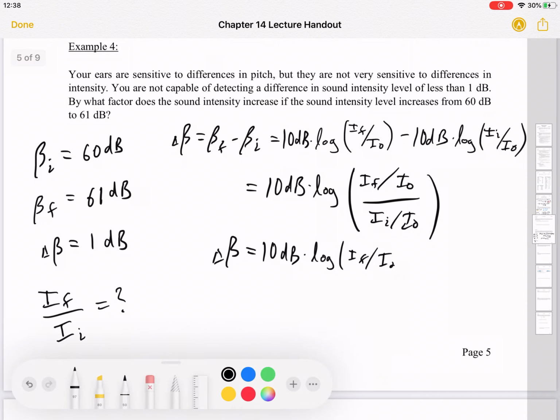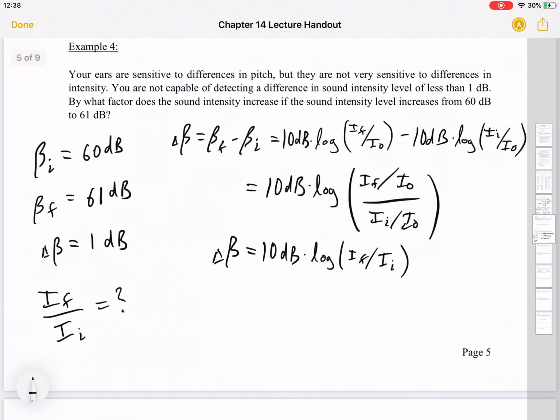Not I naught, but I initial. That's what I'm looking for, is that ratio, I final to I initial. And the only thing I need to plug in is a 1 on the left-hand side, right? Because delta beta equals 1 decibel. Okay, so let's do that. So 1 decibel equals 10 decibels times log of this ratio that I'm looking for, I final over I initial.